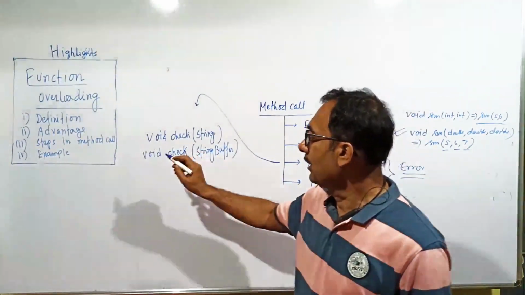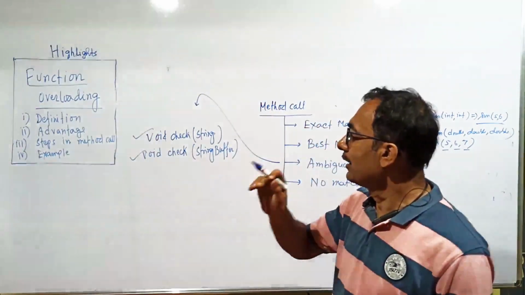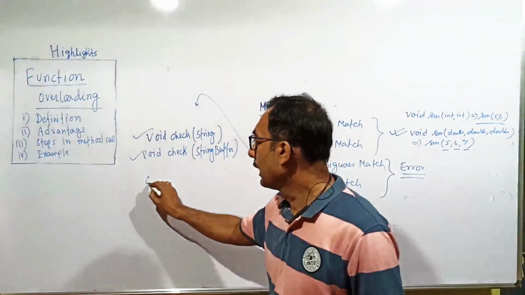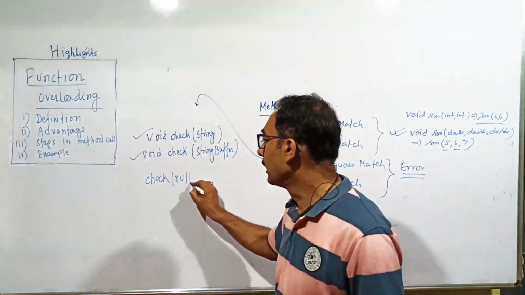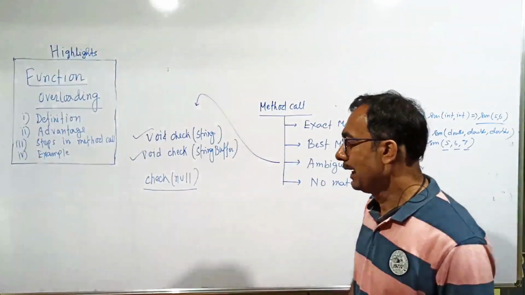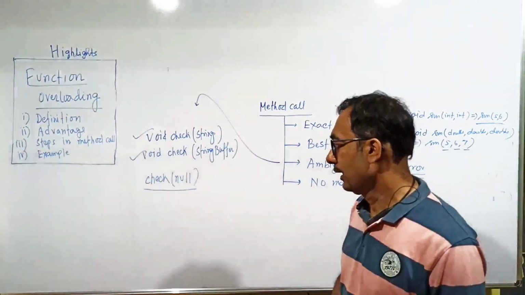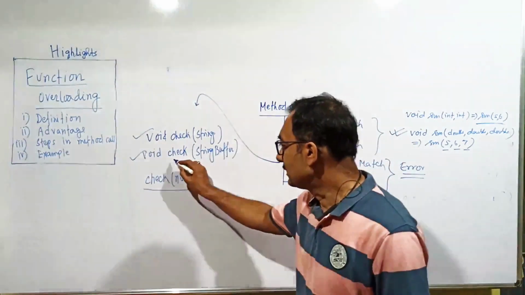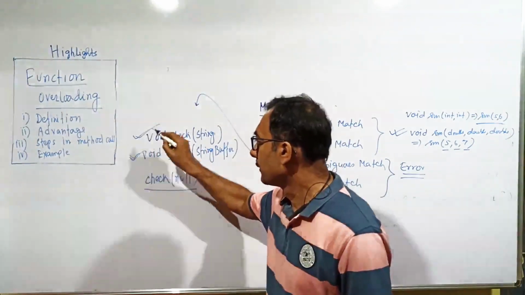When you have these two method definitions and you give a call like check(null), the compiler will not be able to decide whether this method or that method will be executed.